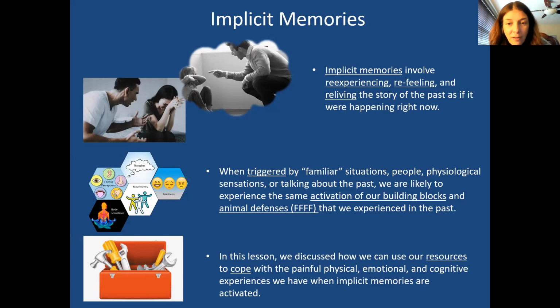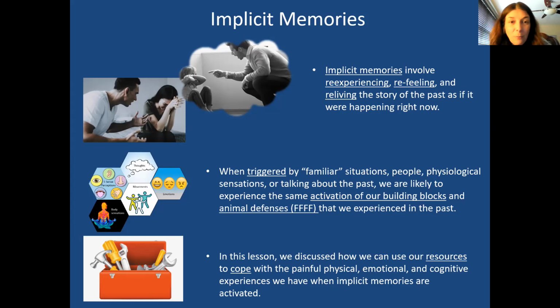So let's look at the second bullet. When triggered by familiar feeling situations, people, physiological sensations, even something that feels similar in our body, or even talking about the past, we're likely to have the same activation of our building blocks. Similar thoughts might come up. In the picture with the woman and the girl, maybe the thought is, I'm no good, or I must have done something wrong.